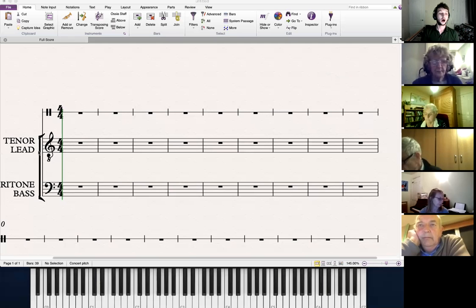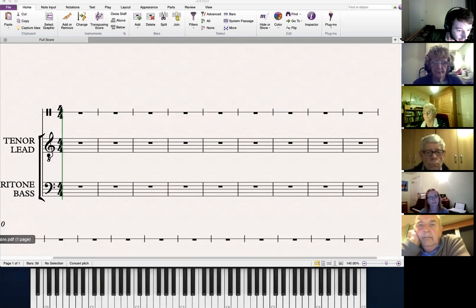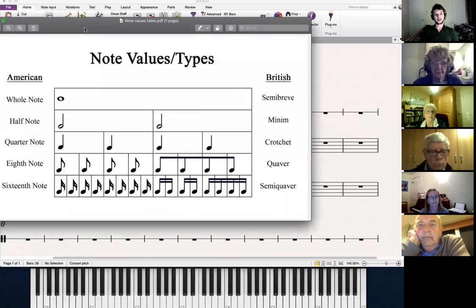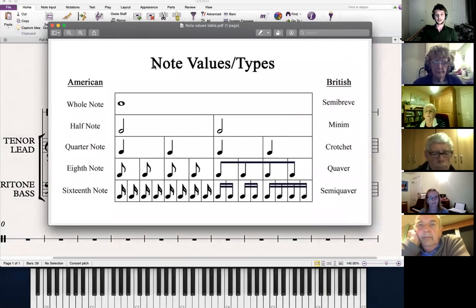Okay, so I'm going to pull up a couple of things here. This one, okay. So what we've got here is a sort of a graph or a table, if you like, of note values and types. Now, in music, you will all have seen these types of notes before.